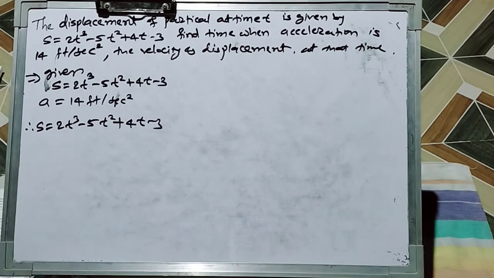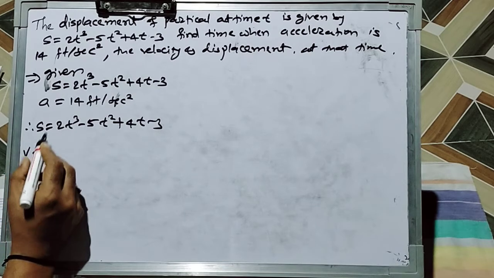Here acceleration is given, so first of all we have to find velocity and acceleration, then putting the value of acceleration we find the time, and then we find velocity and displacement.